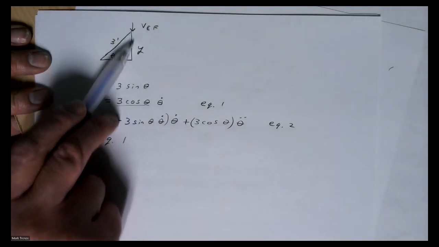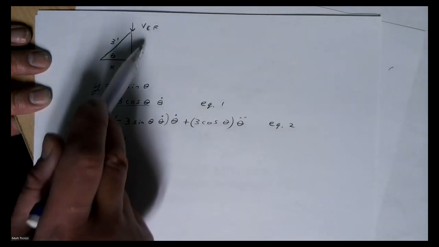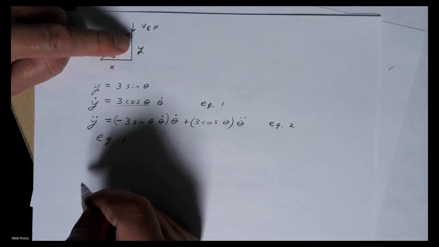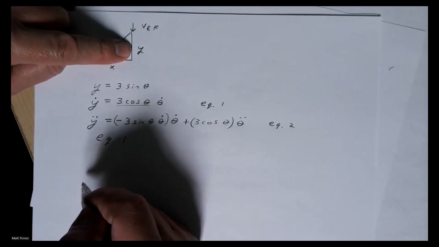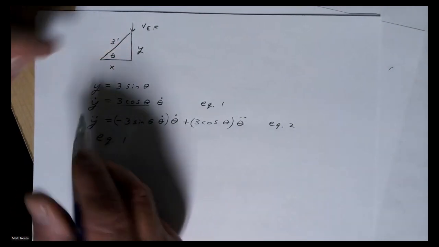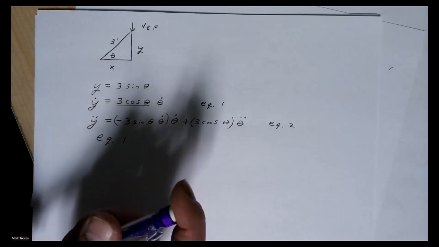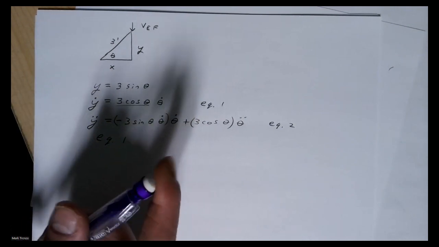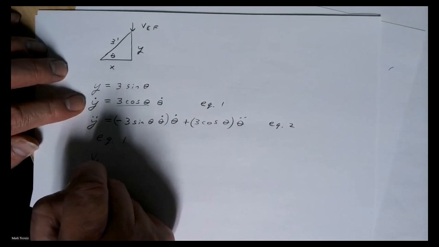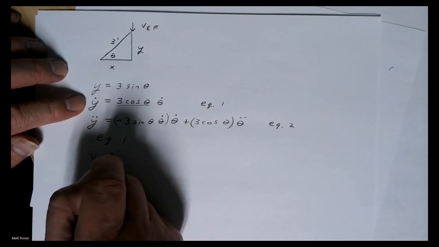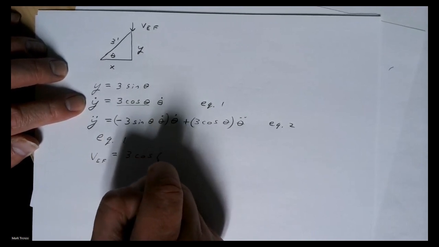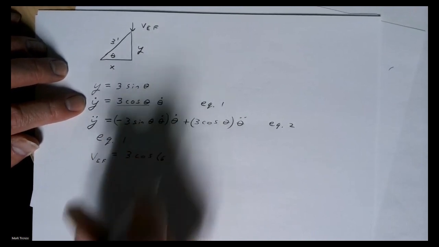I would say maybe since this is increasing, we'll consider that positive, and it's opposite of this, which is shortening. So again, if we use equation 1 here, this is going to be VEF equal 3 cos 30 degrees.